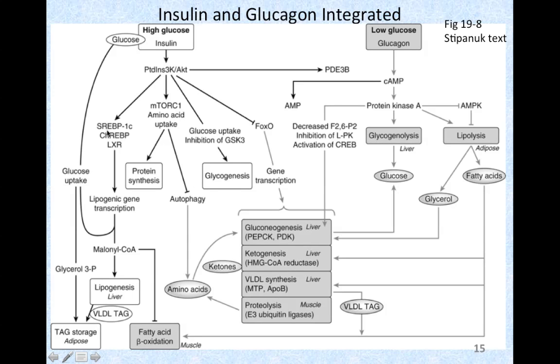They also stimulate the sterol response element binding protein 1C, carbohydrate response element binding protein, and the liver X receptor. Each of these transcription factors promote lipogenic gene transcription. So insulin is basically stimulating lipogenesis.